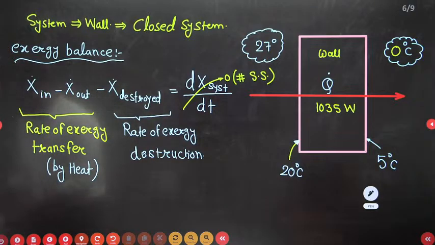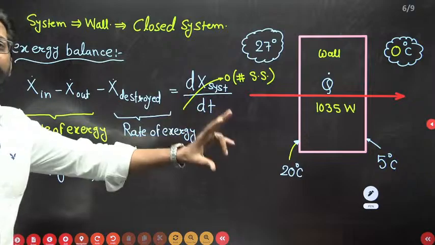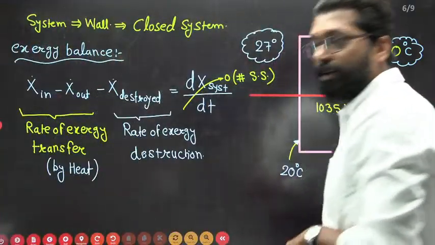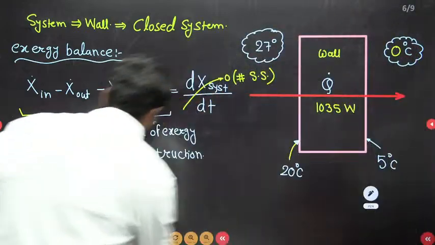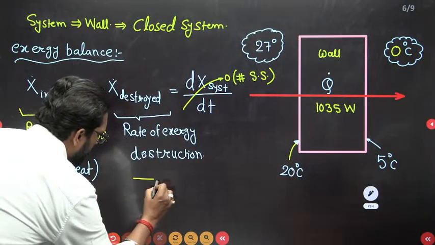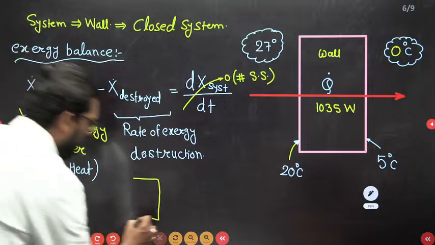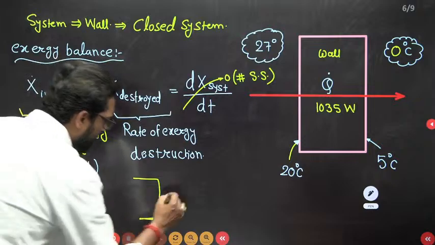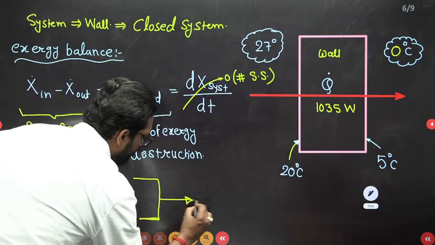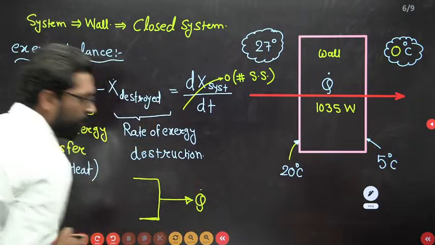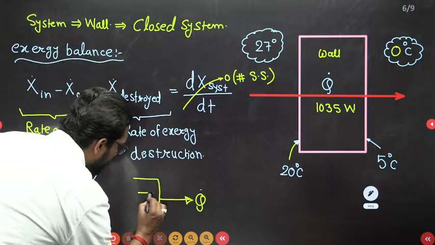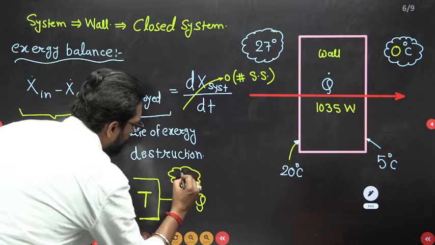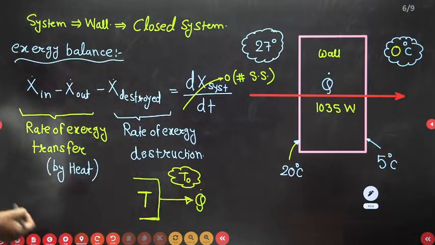Now my dear, what is the exergy transfer due to the heat? Please tell me. If there is a system and you transfer heat Q to the system, and this system temperature is T and let's suppose the surrounding temperature is T naught, what is the exergy transfer?